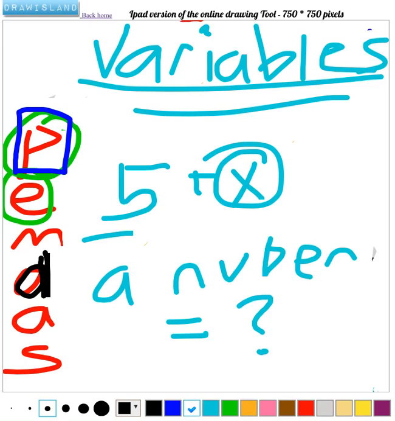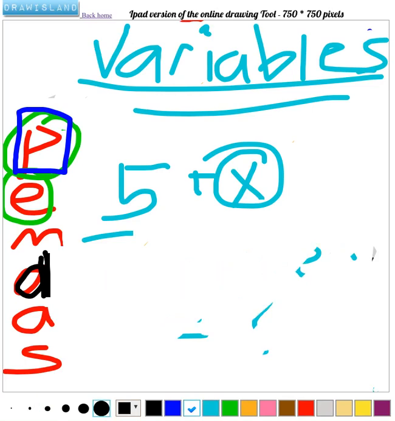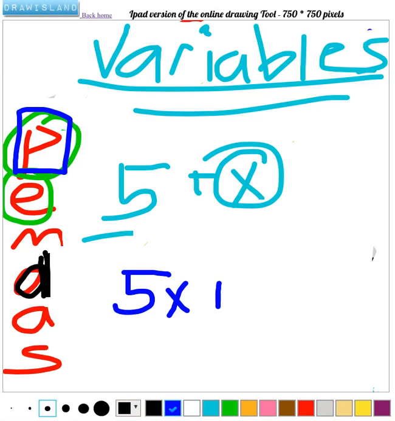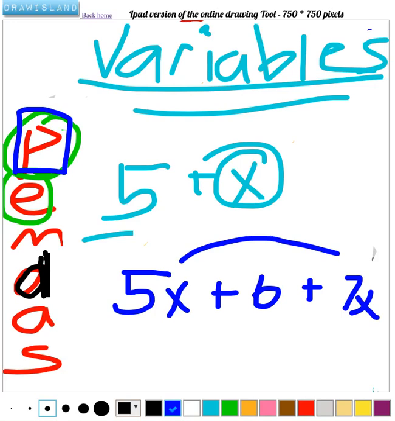So, if we have something like 5x plus 6 plus 7x, we would just add these two, which would become 12x plus 6.